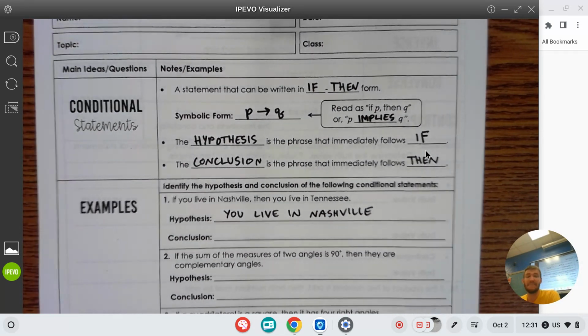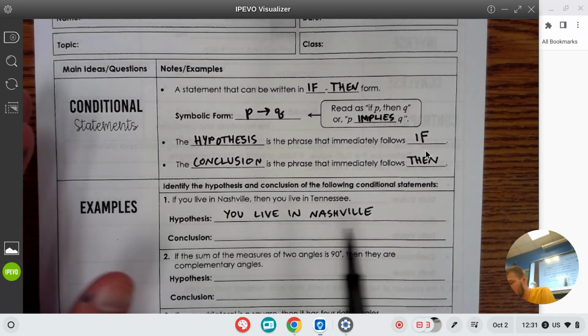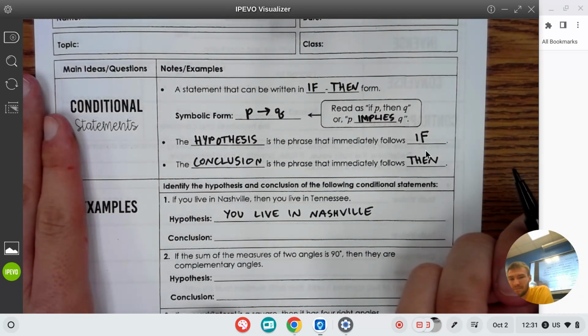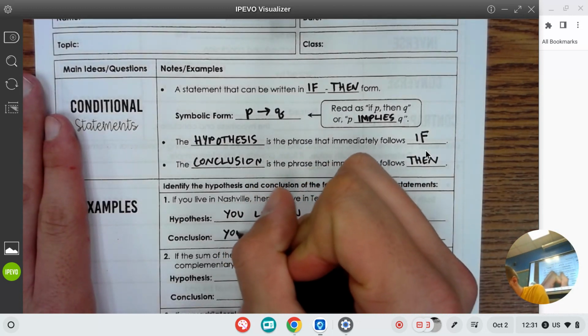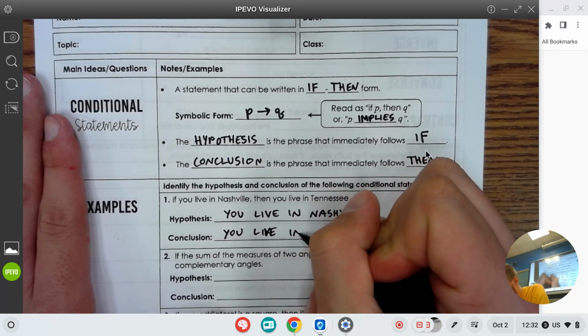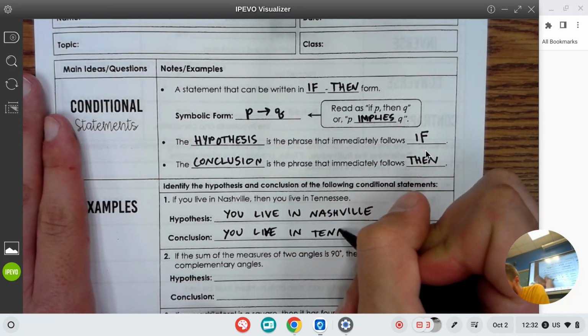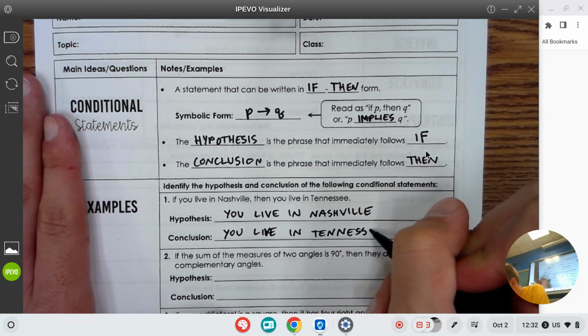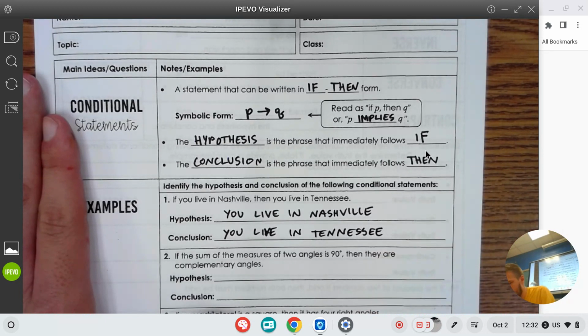And again, that's the same as science. Your hypothesis might be, if I study for 2 hours, then my grade will improve. Same thing here. If you live in Nashville, what's the conclusion going to be? You live in Tennessee.